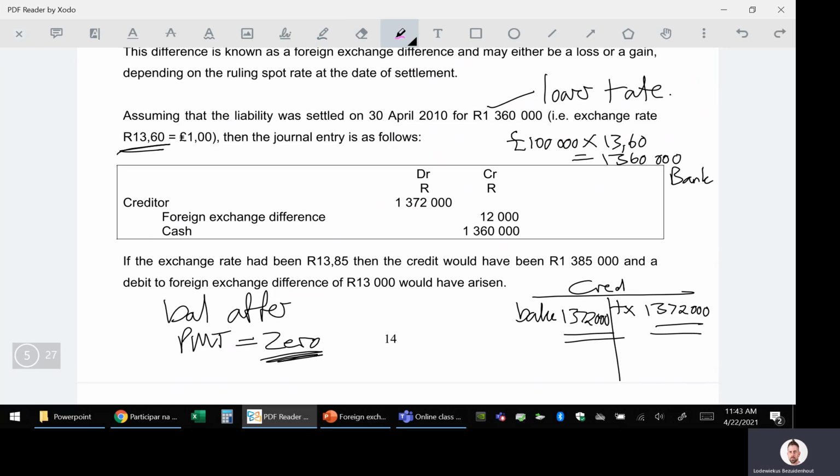But the debit side is more now than the credit side, because our bank amount is only 1360. So the difference between the two will be a foreign exchange profit. Why is it a profit? Because the rate is lower than at the transaction date.